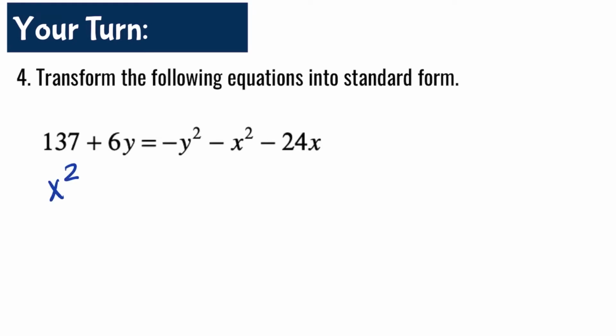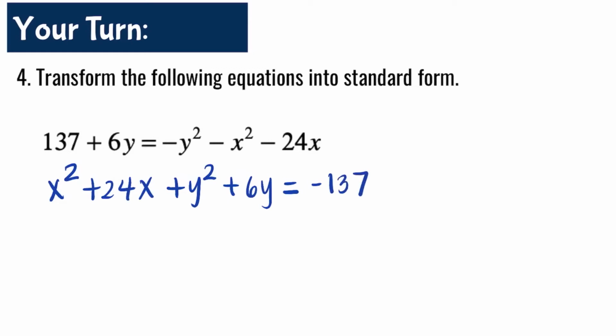Negative 24x becomes plus 24x because I transfer them over to the left. Now the y's, negative y squared becomes y squared, 6y remains 6y is positive, and positive 137 becomes negative 137, transferring it to the right.